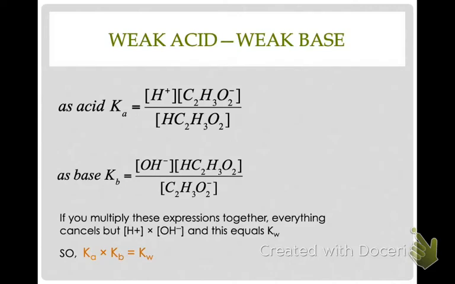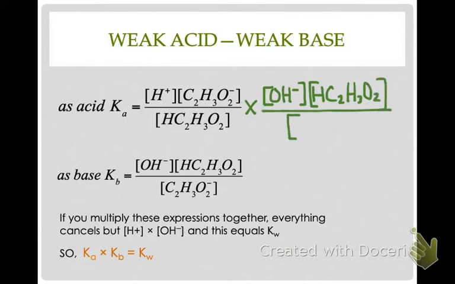Now, if I multiply these two expressions together, Ka times Kb, I'm going to have something that looks like this. And just give me a second to rewrite this Kb expression so we can multiply them together and see what cancels.